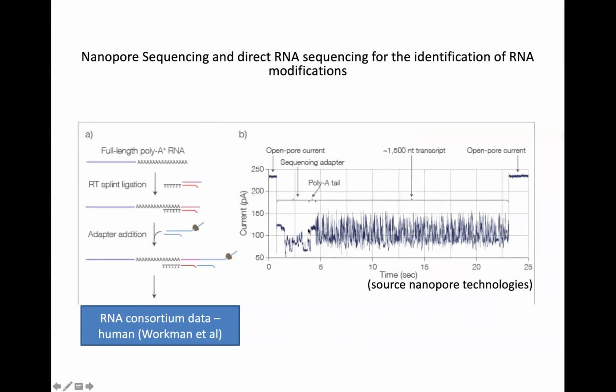And this poly-A tail here can be seen as this form of plateau in the respective squiggle.